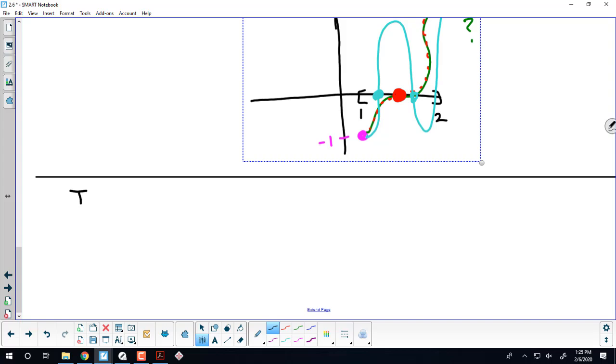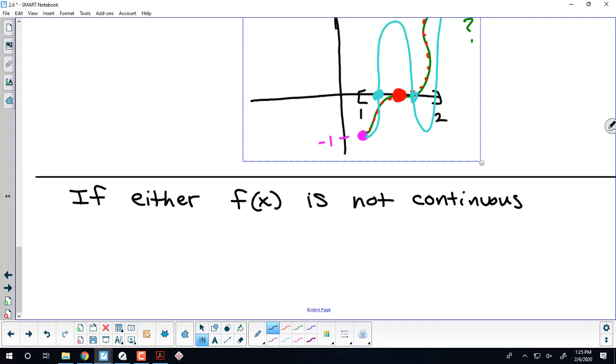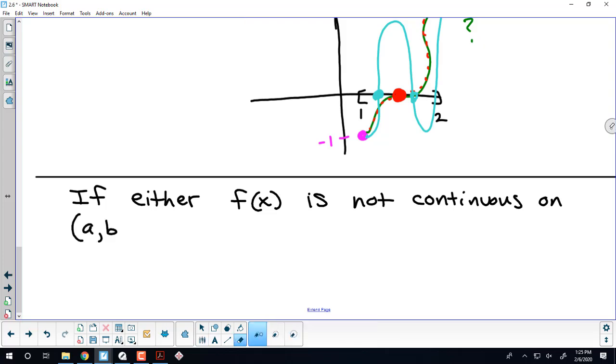So we'll say if either f of x is not continuous on the interval [a, b]. Well, it's the closed interval, sorry.